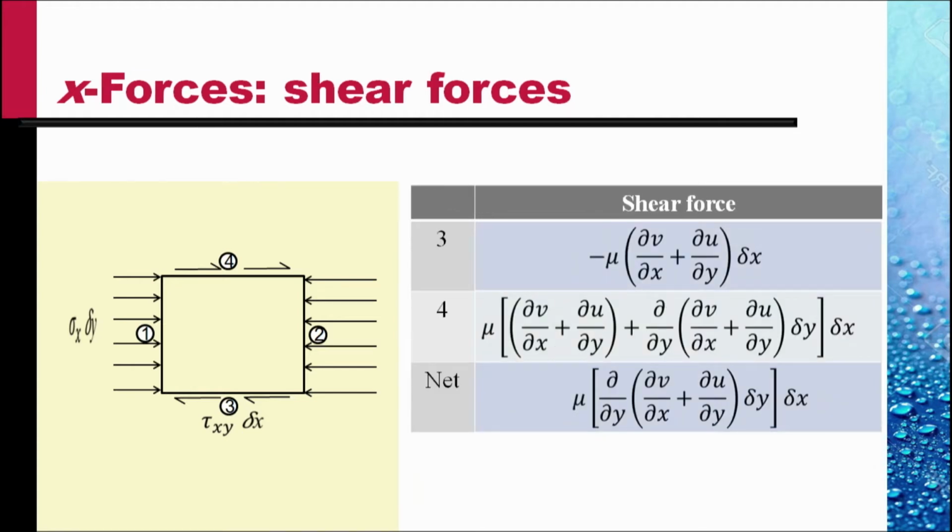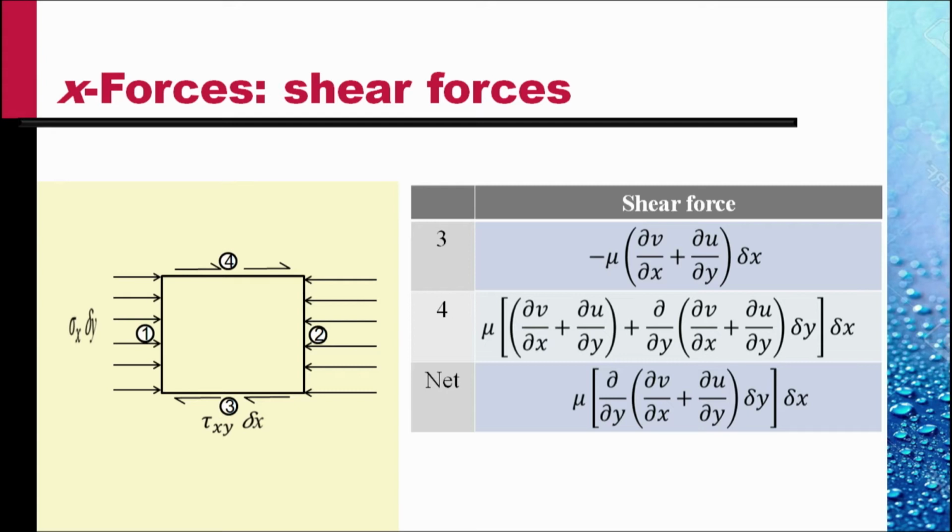Similarly, for the shear forces on surface 3, the bottom surface, the shear force is to the left. The shear stress tau xy by Newton's law is mu times del v by del x plus del u by del y, multiplied by the area del x into 1, and with a minus sign because it is towards the left.